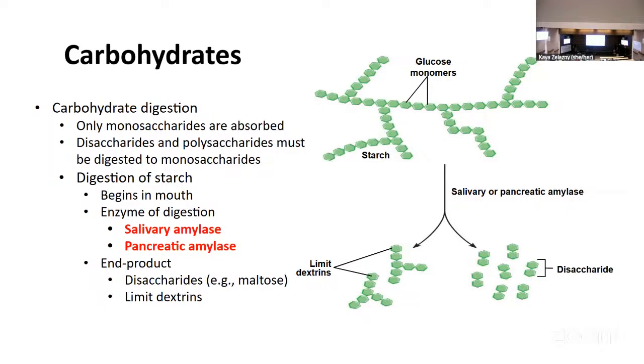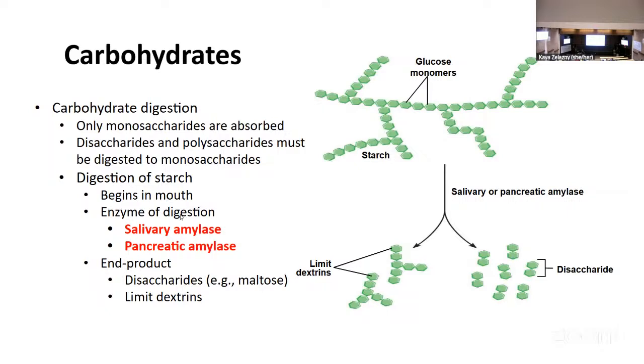So where is this happening? We're going to start in the mouth. If you've ever held a cracker in your mouth a little too long, my friends got obsessed with this in like second grade for some reason, you might have noticed it turns a little sweet immediately. This is because starch digestion actually starts in the mouth, both at the chewing level, that mastication physically breaking stuff up, but also at the enzymatic level.